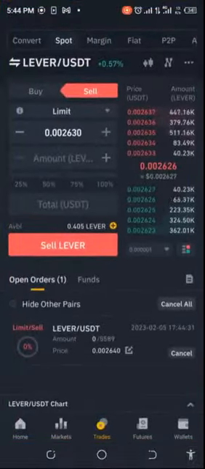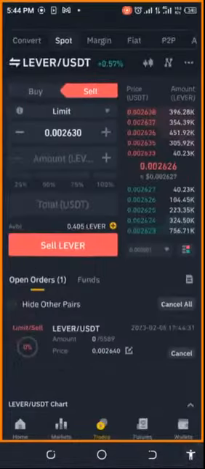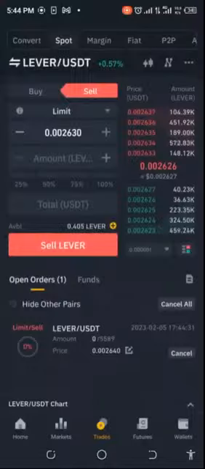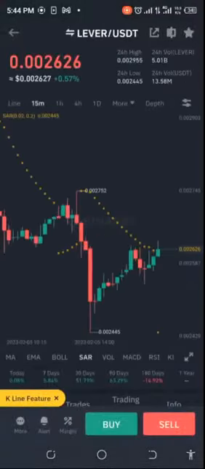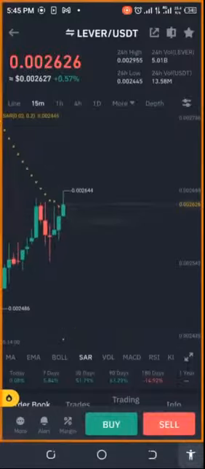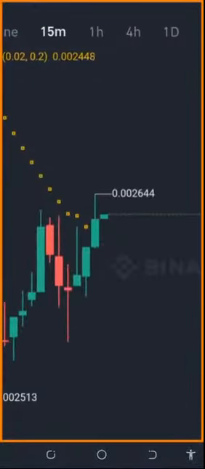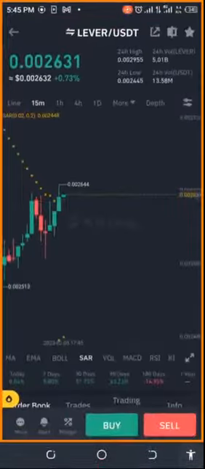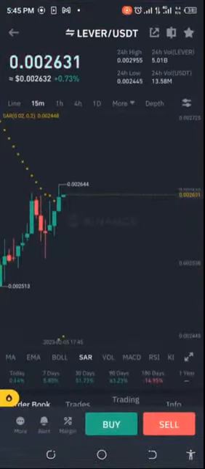So let me show you something. Right now you can see it's 2626, and let me show you the trade in the candles, the 15 minutes time frame. Actually, it got to 2644. If you can see that over there, that just shows you that it has potential to go beyond that mark.